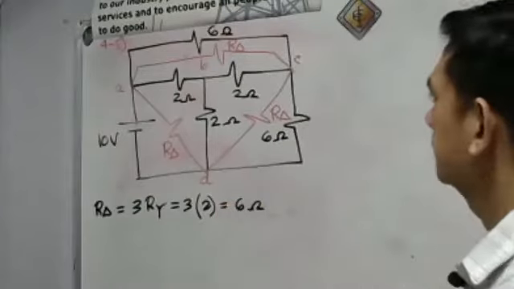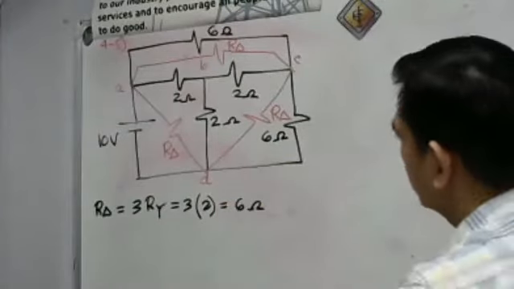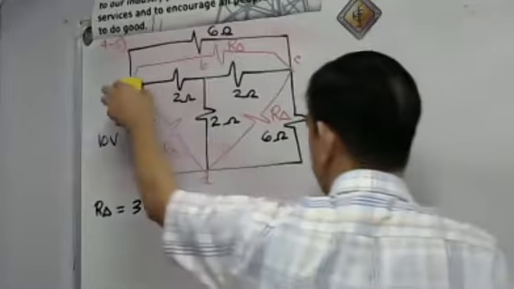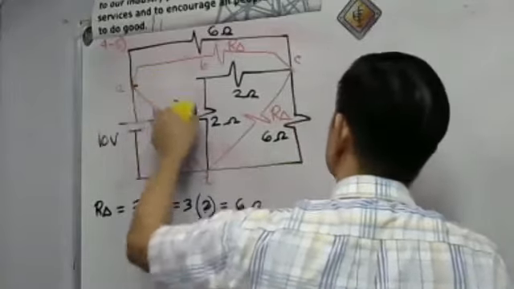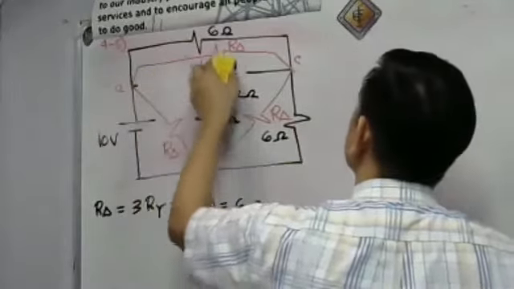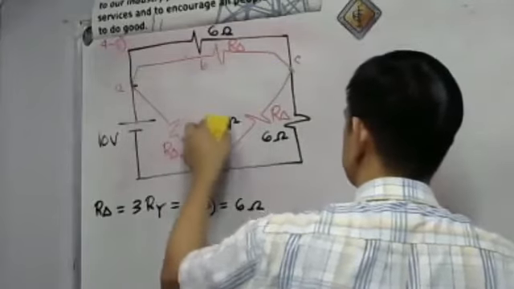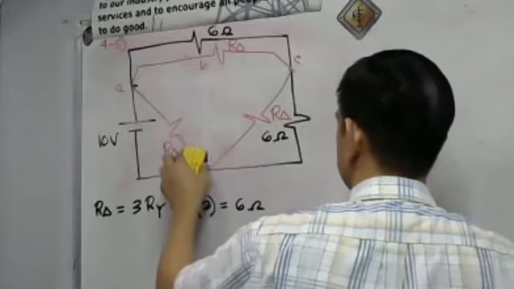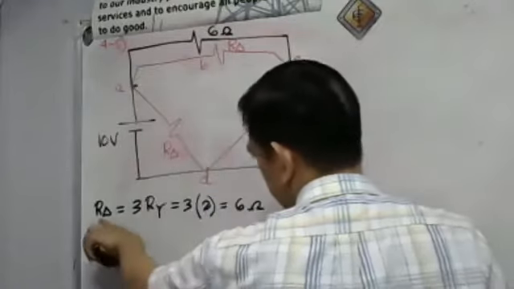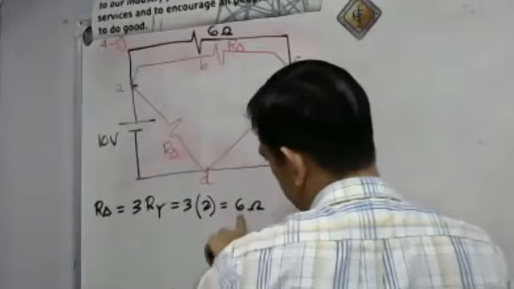Take a look here, guys. I am going to erase this Y so that you will see a delta system here, the equivalent delta. The value of each is 6 ohms.